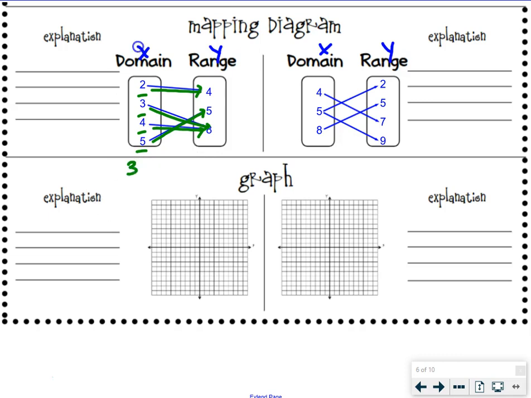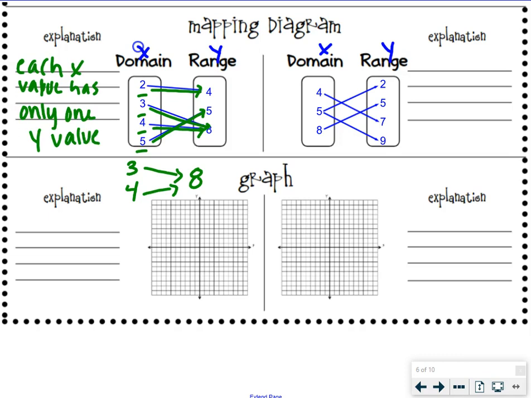So our input of 3 and our input of 4 both go to 8. That's okay because each x is going to one y. So each x value has only one y value. That's our explanation. As long as each x goes to one y, we're okay.